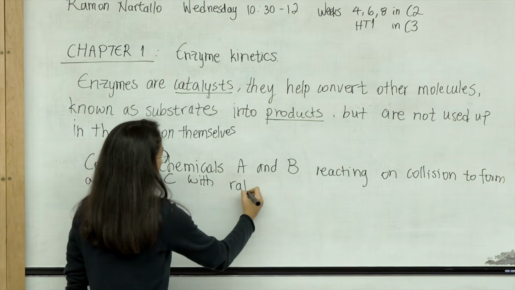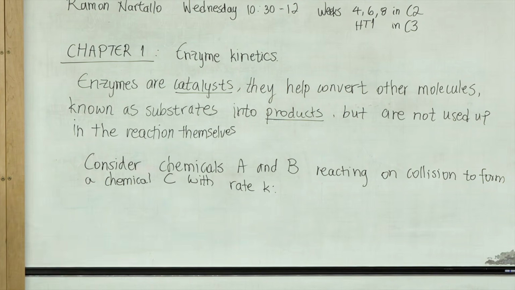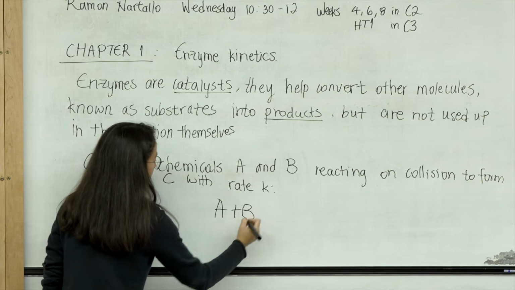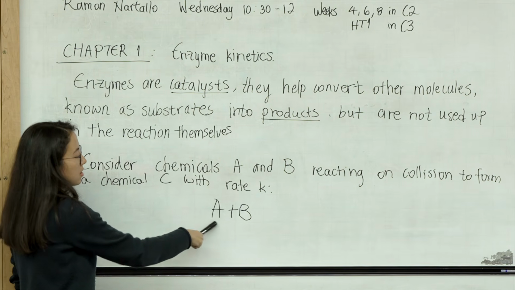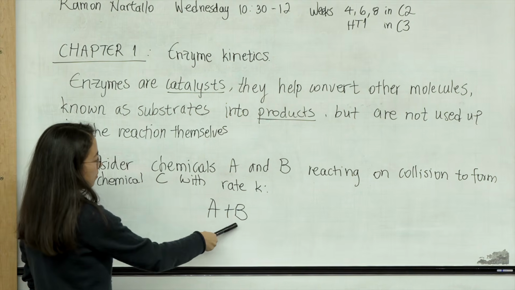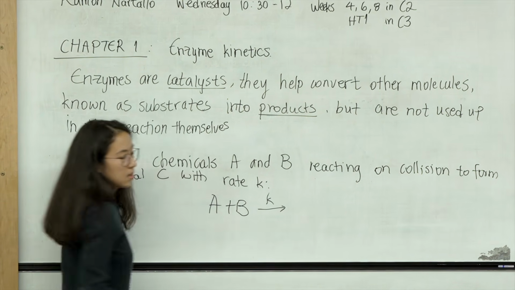So it will be with some rate K. So very simply, I can write this as A plus B. So this A letter basically denotes the concentration of this chemical A. And then I have a concentration of a chemical B. They react together under a rate K, and they produce C.